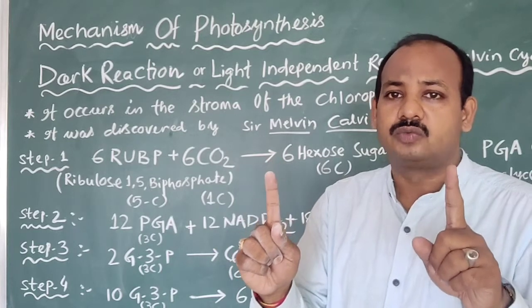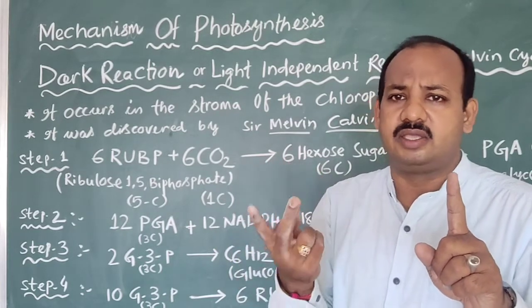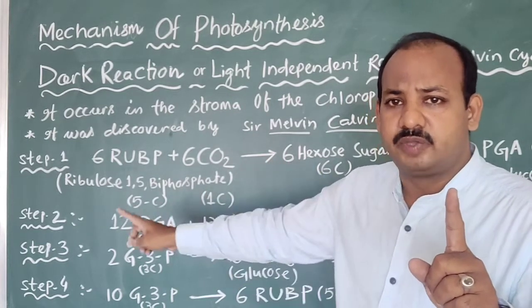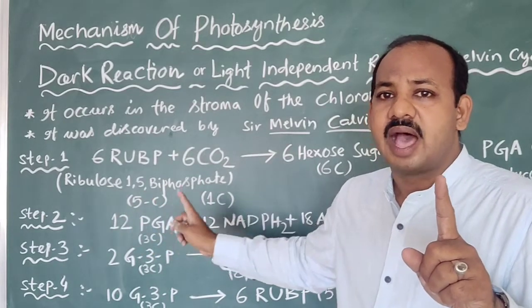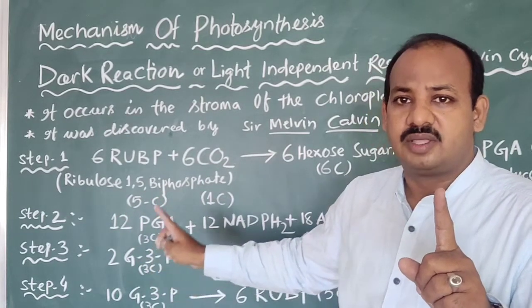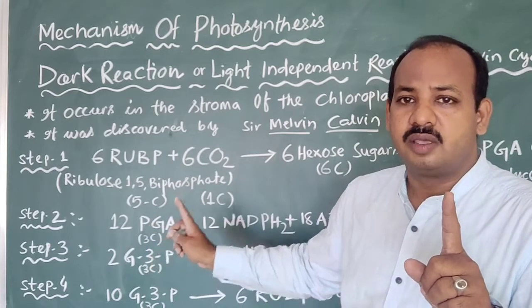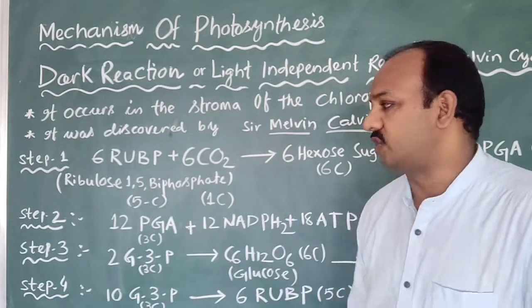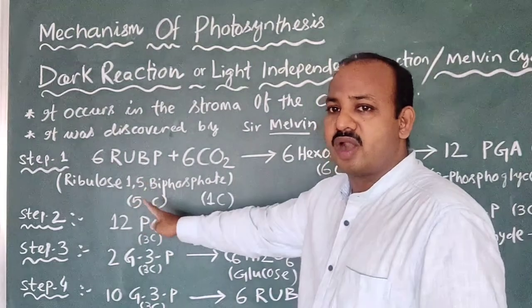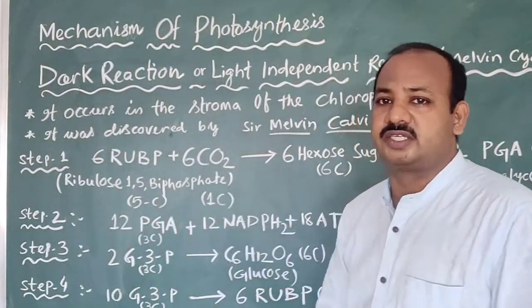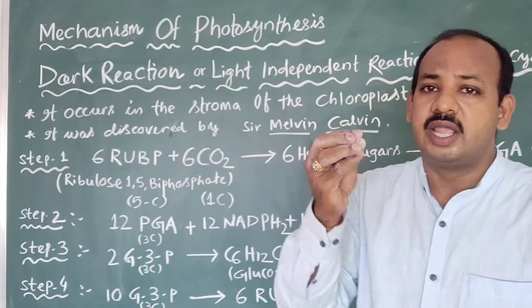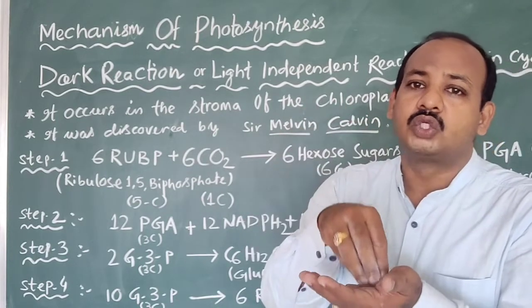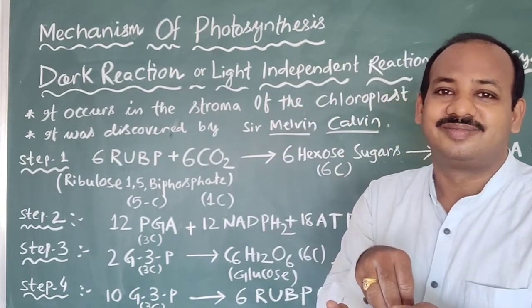So there are 2 phosphates, bi or di, both you can take. In RUBP, RU means ribulose, B means bi, 2, and P means phosphate. Ribulose 1,5-biphosphate is a 5 carbon compound. It is already present in the stroma of the chloroplast. Okay, children?